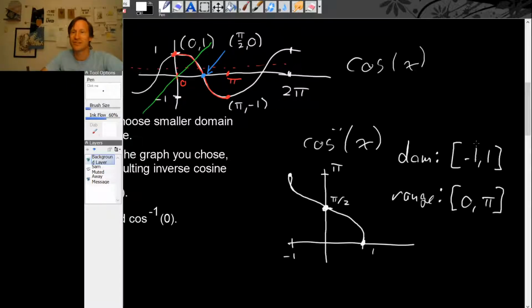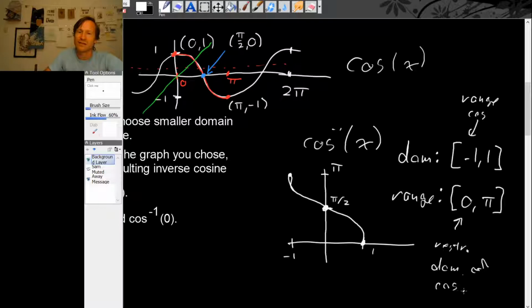Notice that the domain of inverse cosine is also the range of cosine, and the range of inverse cosine is also the restricted domain of cosine. So again, we find that inverse functions just switch inputs and outputs, and so they also switch domain and range.